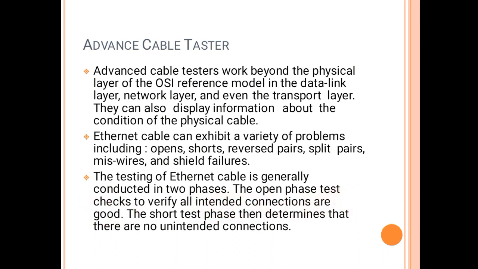And the second one is the short test phase, which determines that there are no unintended connections. So whenever we apply the open phase, the open phase test checks to verify all intended connections are good, and the short test phase determines that there are no unintended connections.